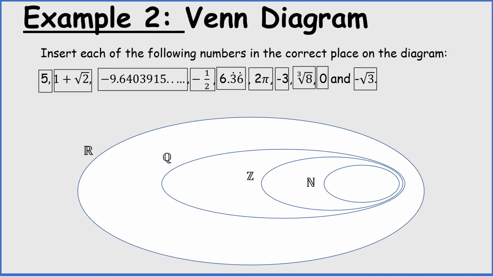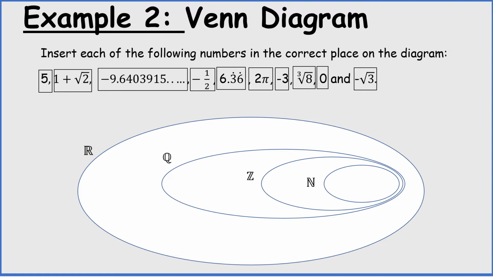So let's look at a Venn diagram here. We have a series of numbers and we have to place them in the correct spot. So we have 5, we have 1 plus the square root of 2, we have minus 9.64039115 and so on, which means it's continuing on.